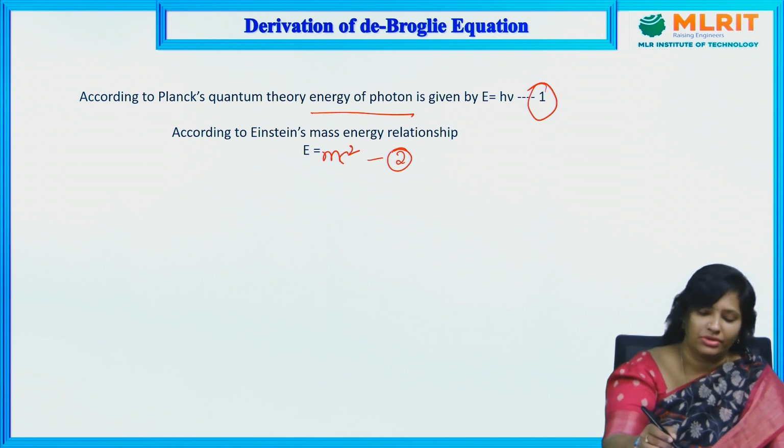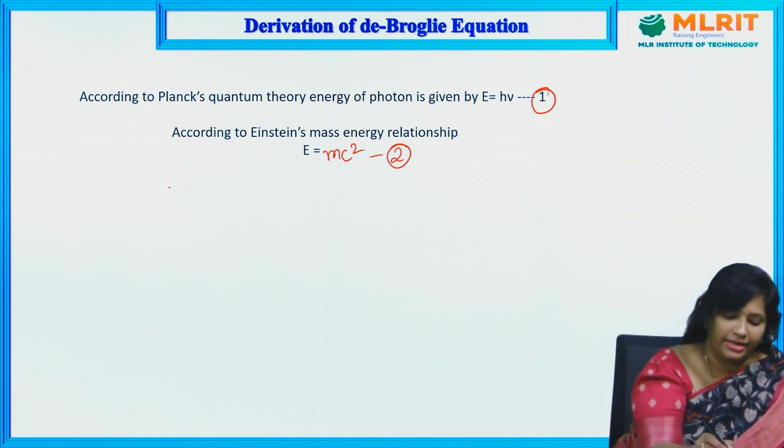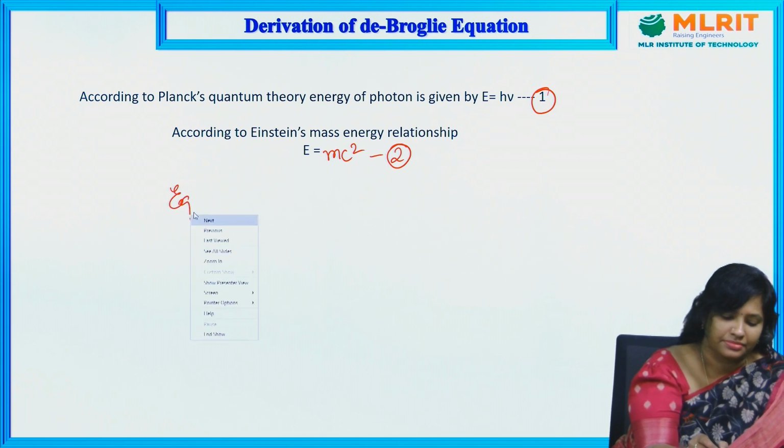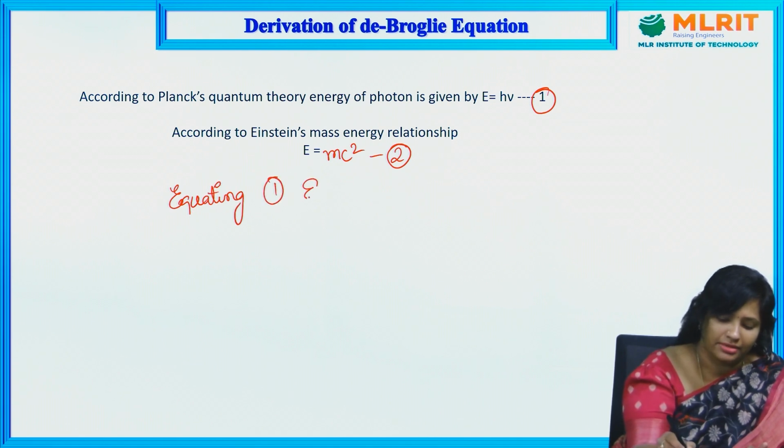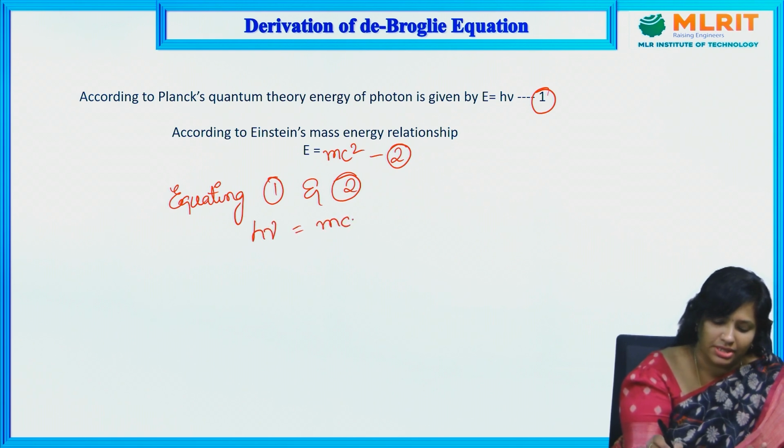Equating 1 and 2, we are going to get h nu is equal to mc square.